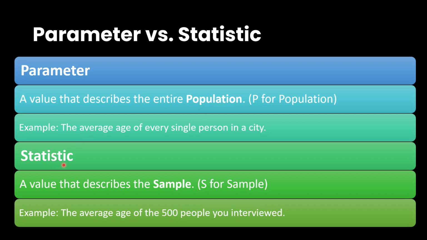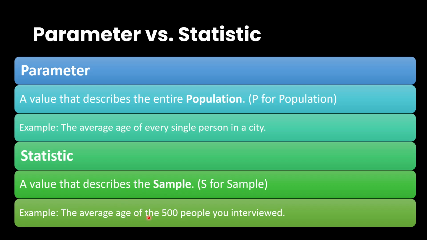Then what is this statistic? Statistic is a value that describes the sample. If you have randomly selected only 500 people from the city, and for those 500 people you have calculated the average age, then it is called a statistic.